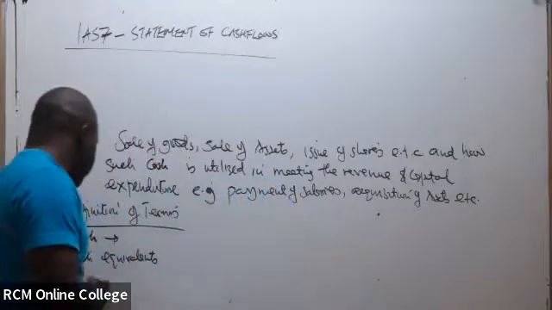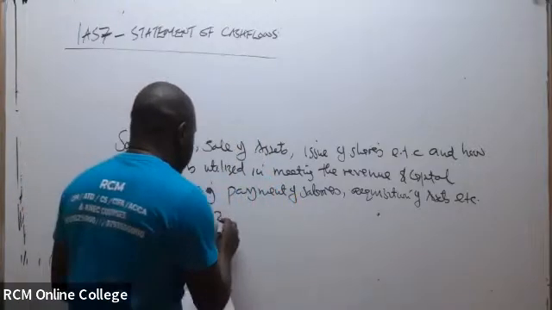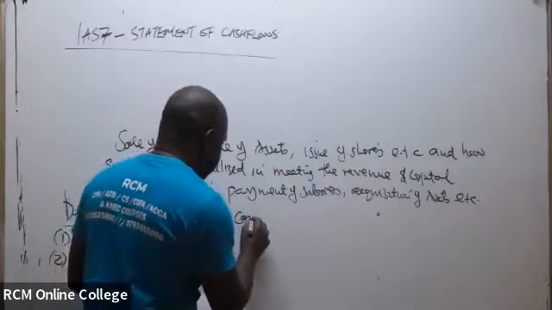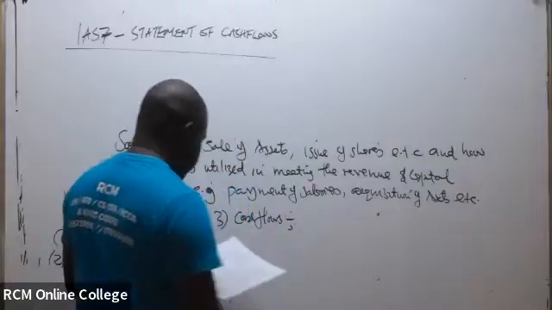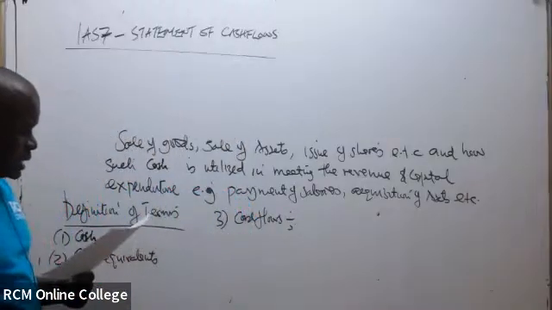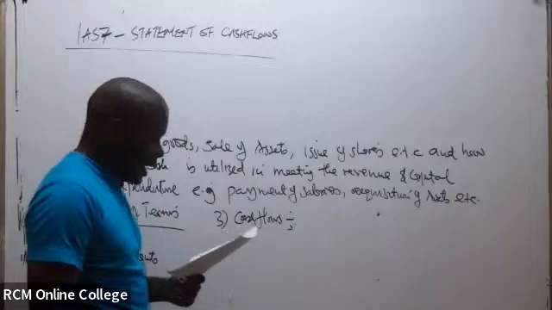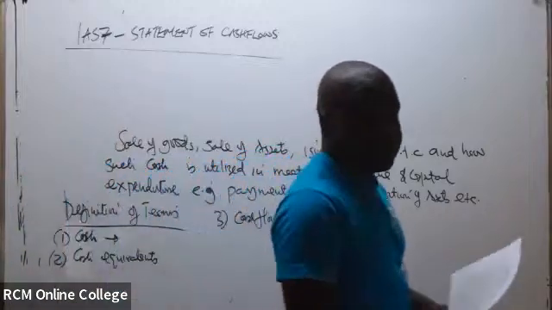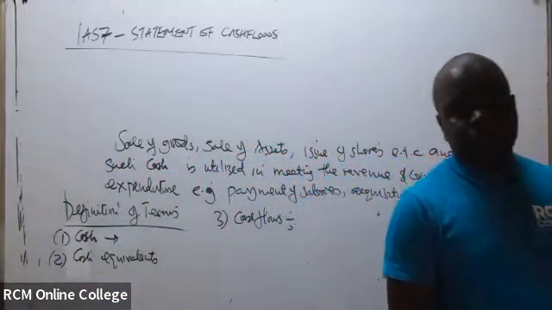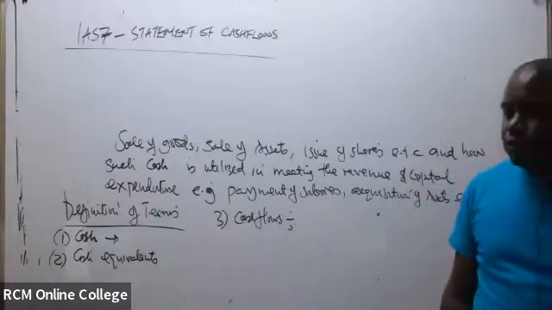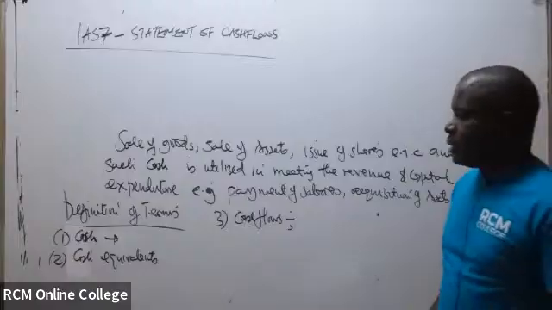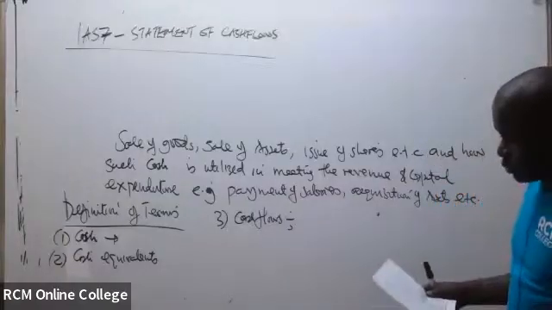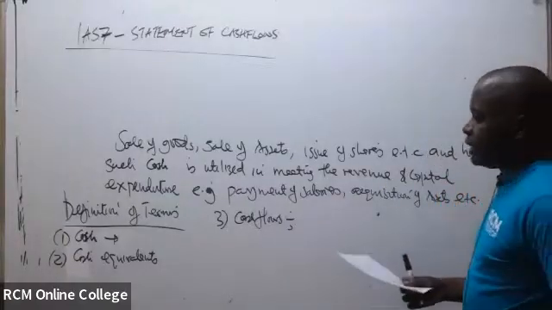Then we have number 3, cash flows. These are inflows and outflows of cash and cash equivalents.